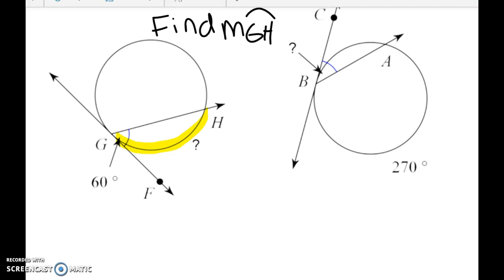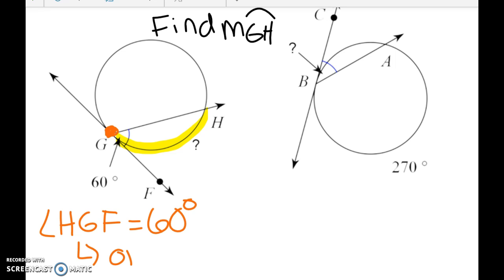Well, we have to see if I have an angle. So here's my angle G, right here. You have to decide if angle HGF, which is 60 degrees, is on, inside, or outside of the circle.